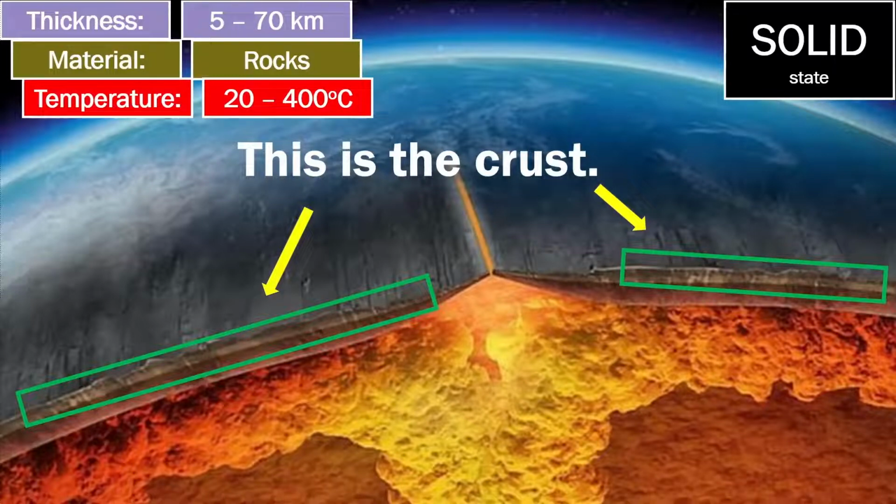Okay, so we put that 5 to 70 kilometers. The ground that we are living on right now may be 70 kilometers deep.